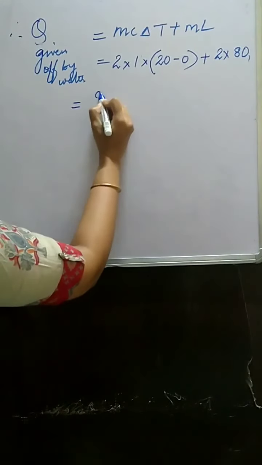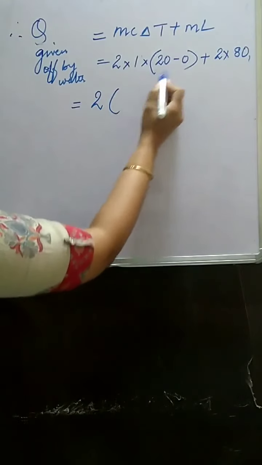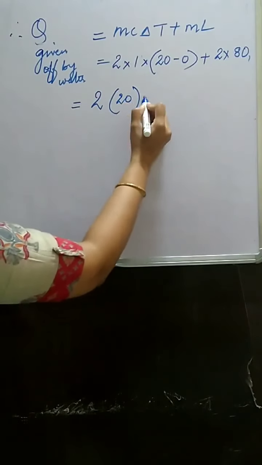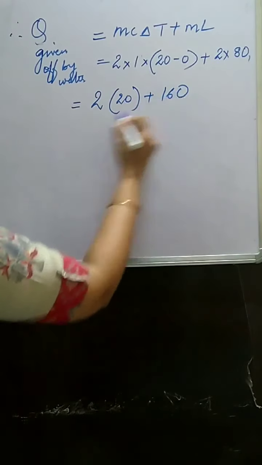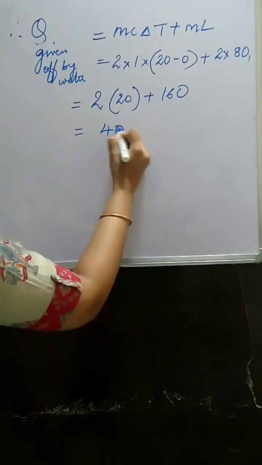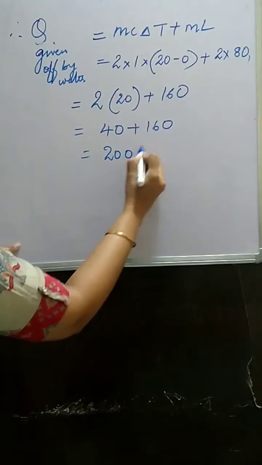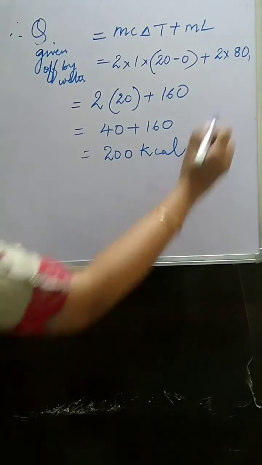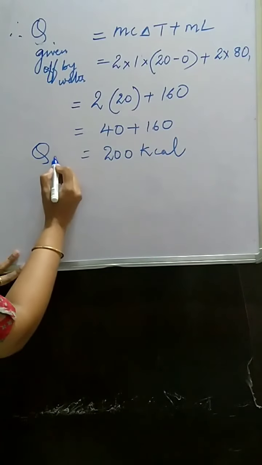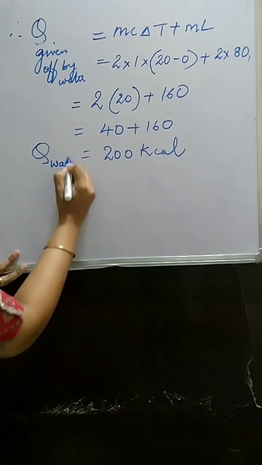So you got 2 ones are 2 into 20 minus 0, 20, plus 160, which is equal to 40 plus 160, 200 kilocalories of heat. Q, heat given by water.